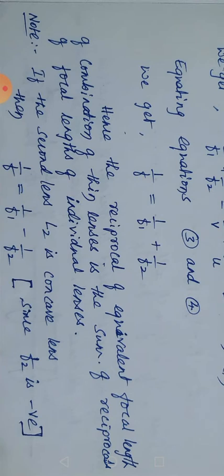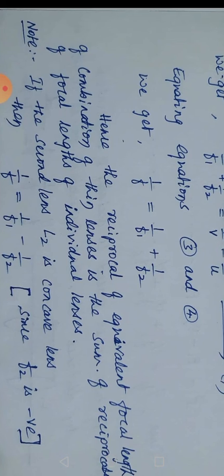Note, if the second lens L2 is a concave lens, then the equivalent focal length is given by 1 by f equals 1 by f1 minus 1 by f2, since the focal length of the concave lens, that is f2, is negative.